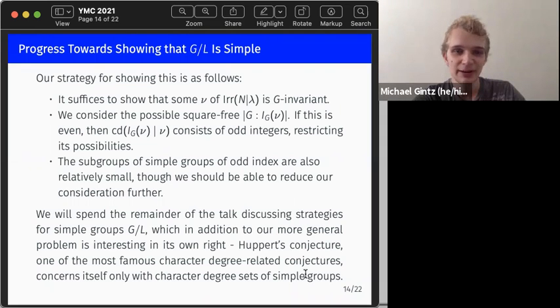So we'll spend the remainder of the talk discussing strategies for simple groups G over L, which, although they can't necessarily prove our generalization without this step of G over L being simple, are interesting in their own right. In particular, one of the most famous character degree related conjectures, which is Huppert's conjecture, only concerns itself with character degree sets of simple groups.